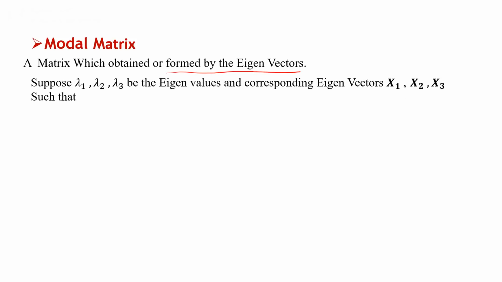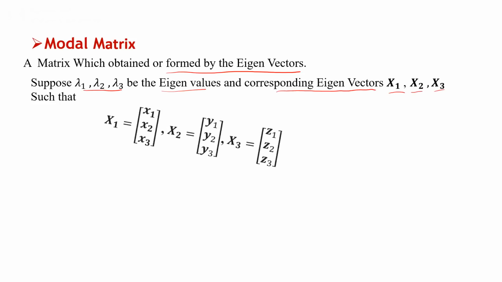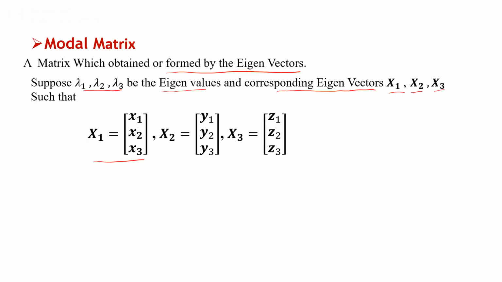Suppose we take three eigenvalues lambda 1, lambda 2, lambda 3, and the corresponding eigenvectors x1 is x1, x2, x3, x2 vector is y1, y2, y3, and the third eigenvector x3 is z1, z2, z3. So x1 is an eigenvector corresponding to lambda 1, x2 is the eigenvector corresponding to lambda 2, and x3 is an eigenvector corresponding to the eigenvalue lambda 3.